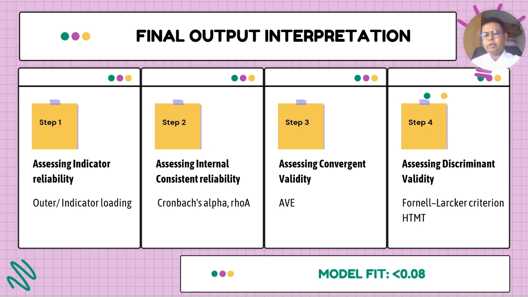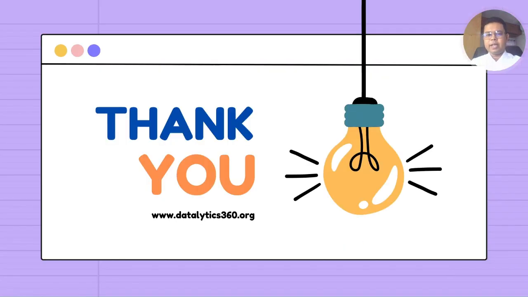Also discriminant validity using the Fornell-Larcker criterion and the HTMT value. Finally, the model fit SRMR should be less than 0.08. Thank you for seeing this theory. Now it's time to practice.